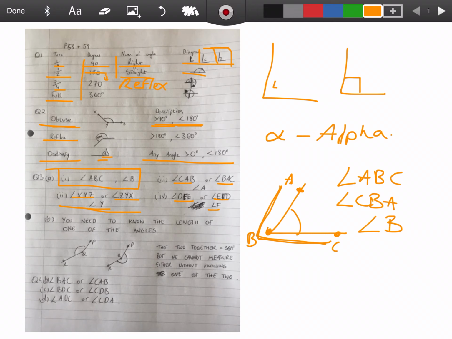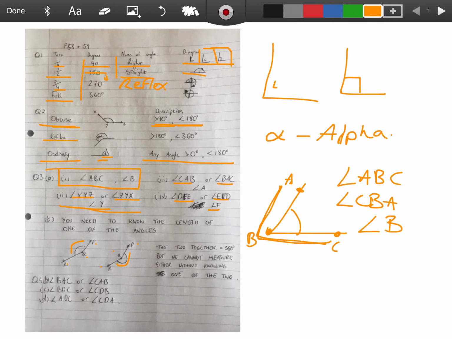For question 3, part B, you were given these 2 diagrams, one with the angle on the inside, one with the angle on the outside. They're the same because you can see we're using the letters P, Q and R in both instances. It's the same line, it's just the angle is drawn differently.